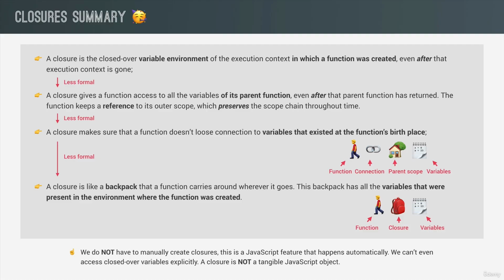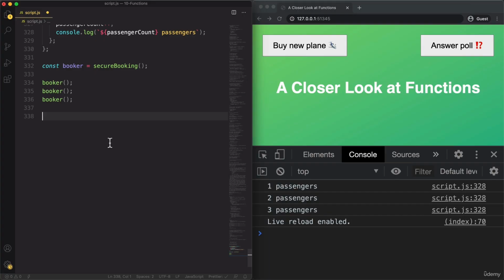However, what we can do is to actually take a look at this internal property, so at this backpack, so to say, in the console. So let's quickly do that before we finish this lecture. And we can do this by using console.dir, and then of the Booker function itself.